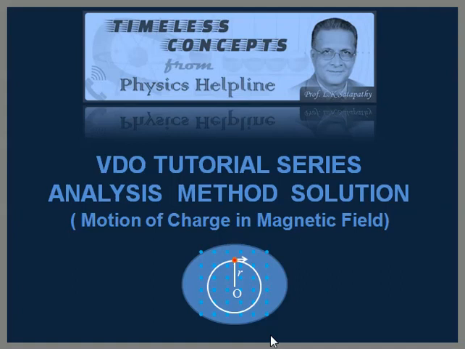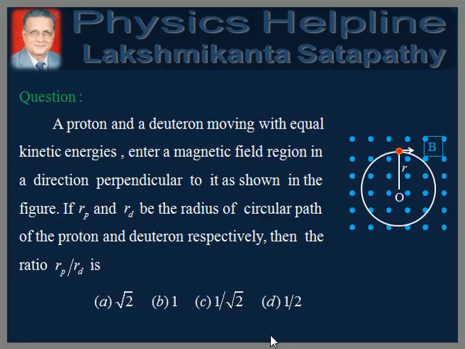In this video tutorial, we will discuss a multiple choice question on the motion of a charged particle inside a uniform magnetic field. The question is as follows. Read the question carefully. We are given a proton and a deuteron.